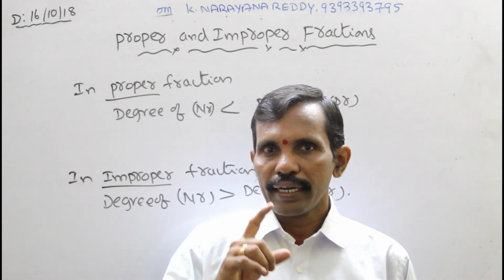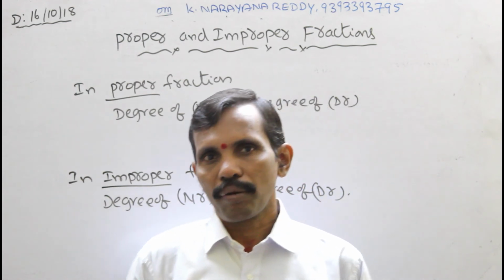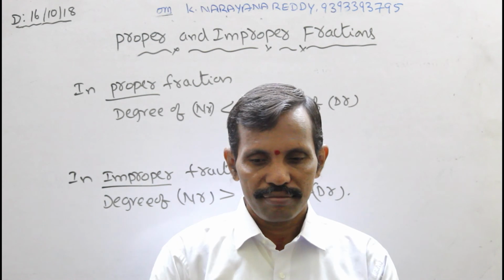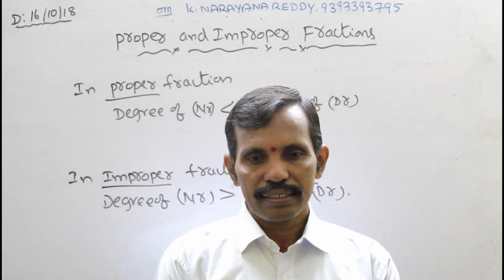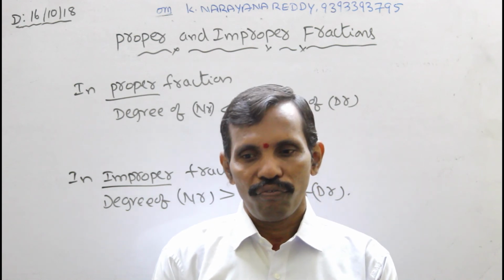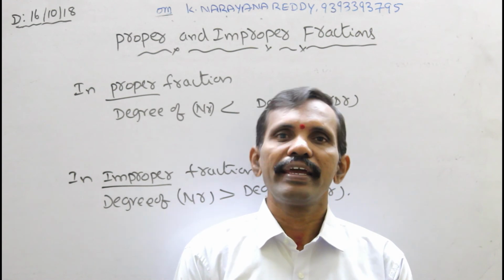If the degree of f of x is greater than the degree of g of x, it is called an improper fraction. Practice this and remember it carefully. For intermediate students, this is very important for the purpose of examination.